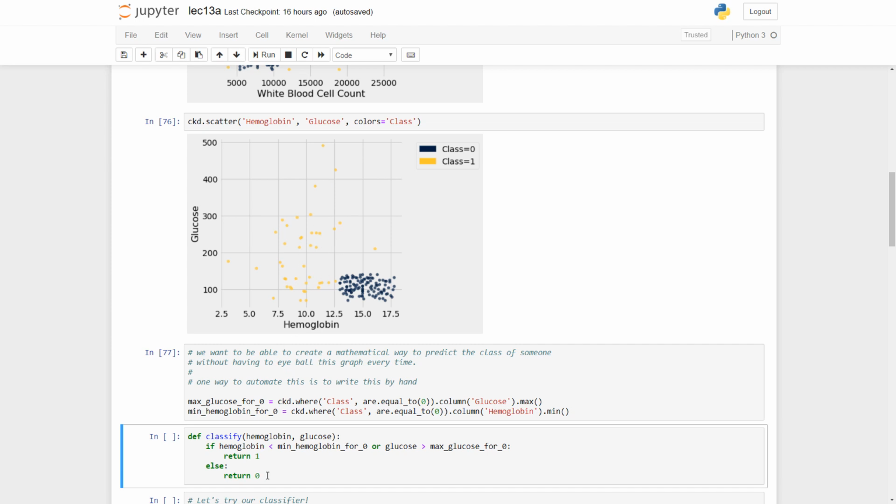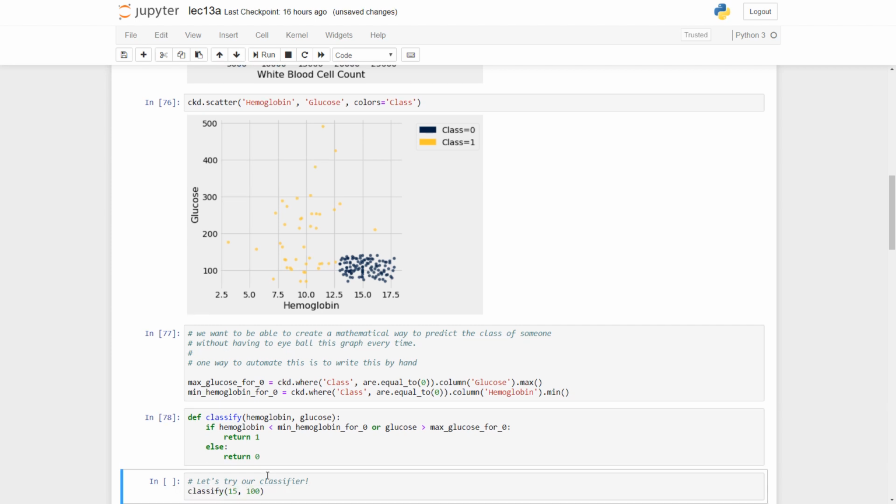Otherwise, we will return 0. So that's the classifier. We build it manually by looking at the data and by manually trying to find the pattern in the data that can help us distinguish between these two classes.